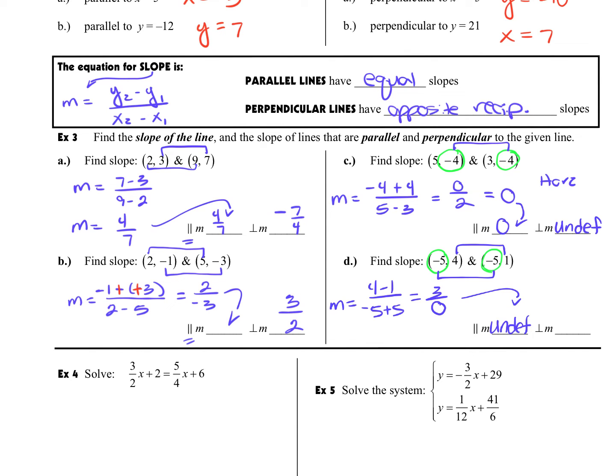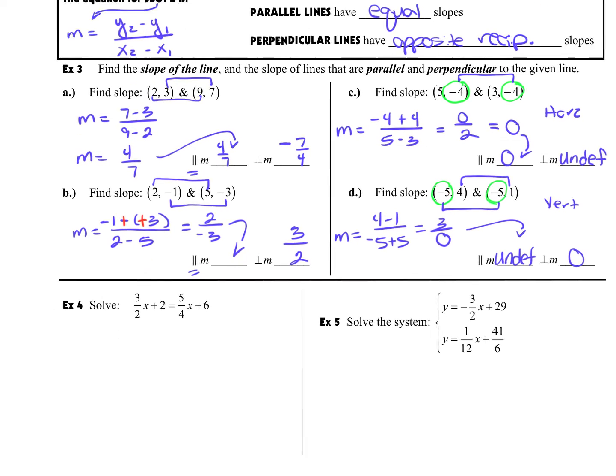And a line that's perpendicular to this would be horizontal, and it would be a 0 slope. And again, if you graphed these points, if you just made a rough sketch, you would see that they would in fact make a nice vertical line. So even if you didn't catch it automatically from the beginning, it would end up coming out mathematically.